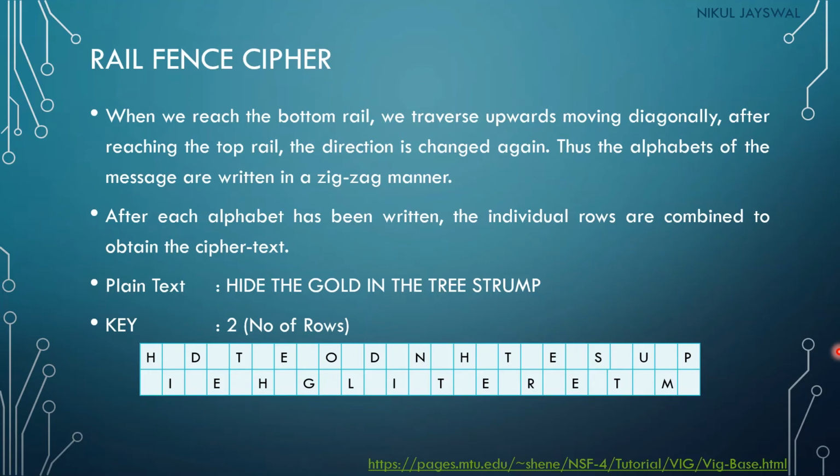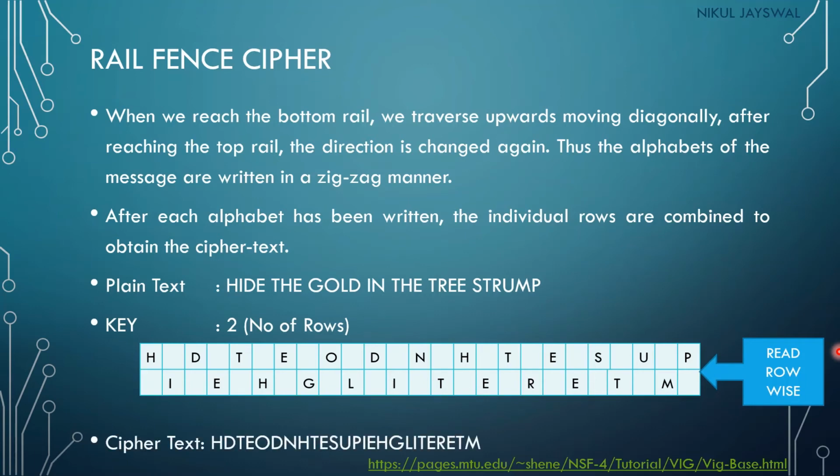Now after arranging the plain text, we will read it row wise. When we read the plain text row wise, this message will come.